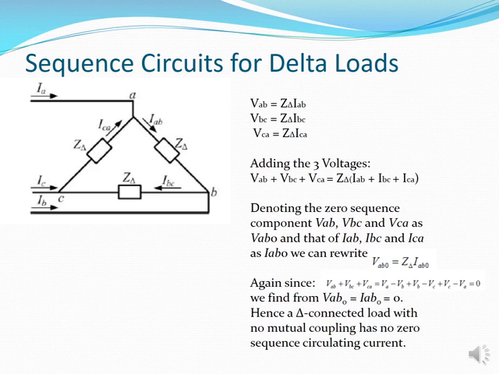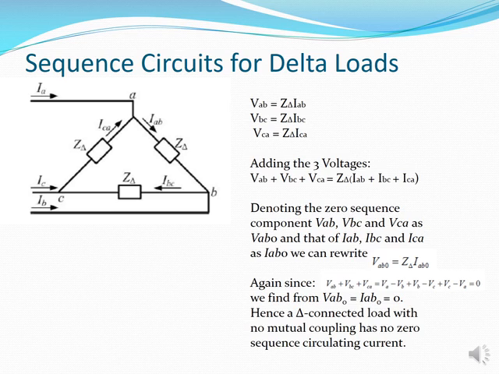So we can rewrite my VAB0 to be equal to the Z delta IAB0. Therefore, I can write out that my VAB plus VBC plus VCA will simply give me my VA minus VB, plus my VB minus VC, and then for VCA it is my VC minus VA.